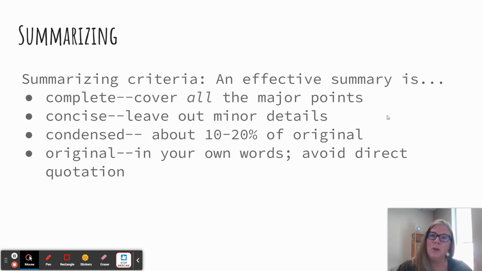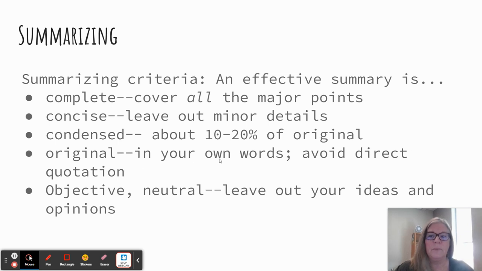One thing this means is that when you're writing a summary, you're not looking at the original article, because it's very hard to put things in your own words if you're looking at the article. People tend to get into that habit of just switching the words a little bit instead of really explaining it in their own words. That's something we'll talk about later. You also want to avoid direct quotation.